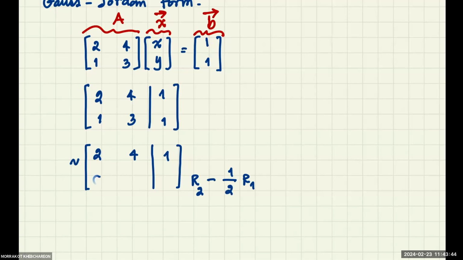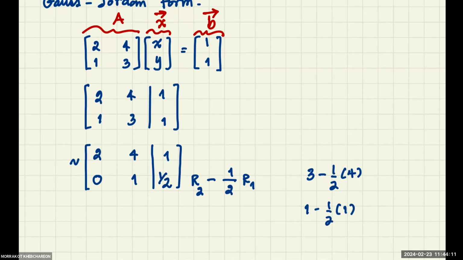I want to make this equal to 0, like Gaussian elimination. You get 3 minus 1 over 2 times 4, so we get 1 here. And then 1 minus 1 over 2 times 1 is 1 over 2.